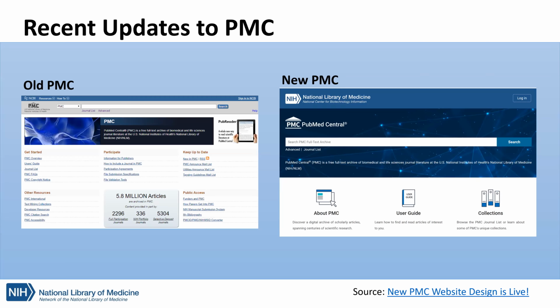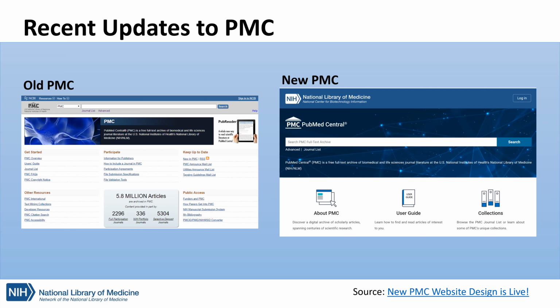And hot off the press, there were some recent updates to PubMed Central. The interface was updated on Monday. So on the left, you'll see what the interface used to look like. And then on the right is the new interface. So updates include this newer interface. And if you go to the PubMed Central website right now, you'll notice that it looks really similar to the new PubMed.